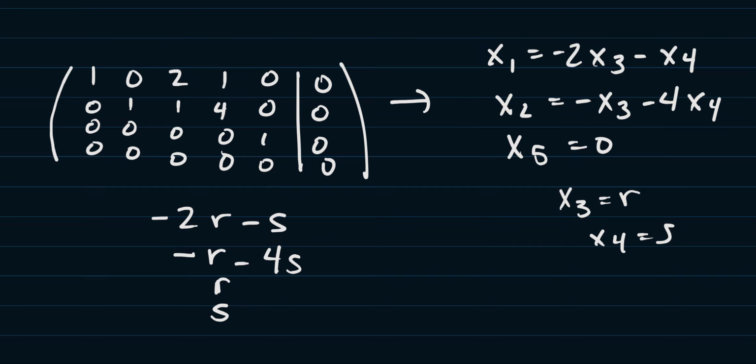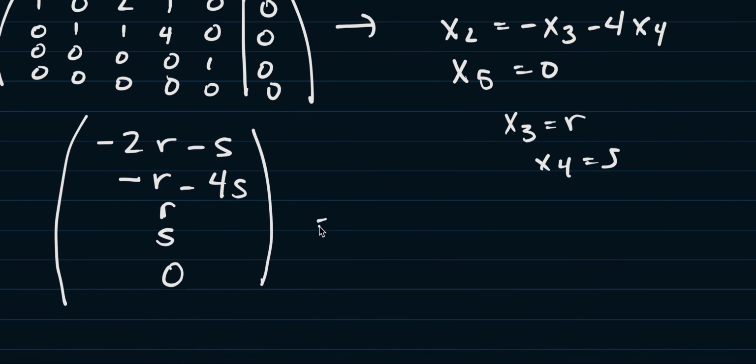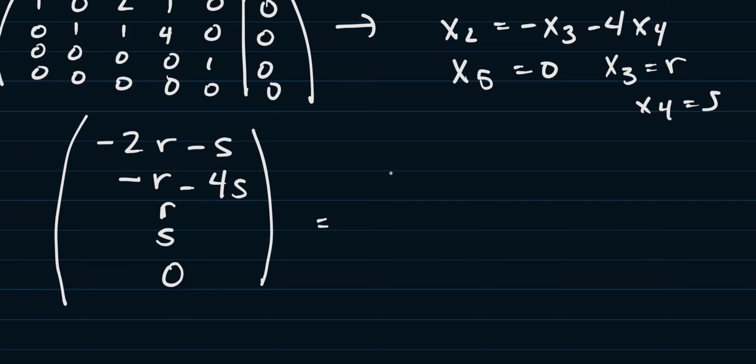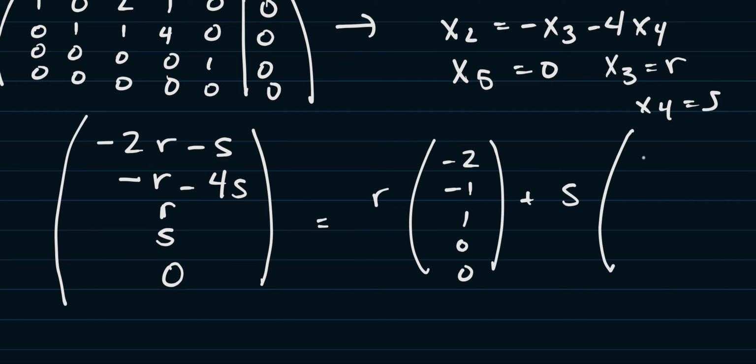Especially if, we know we solve for x1 and x3, but x2 is free. If we put them in the wrong order, you'll get the answer incorrect. And then x5 is 0. This is equal to r times negative 2, negative 1, 1, 0, 0, plus s times negative 1, negative 4, 0, 1, 0.